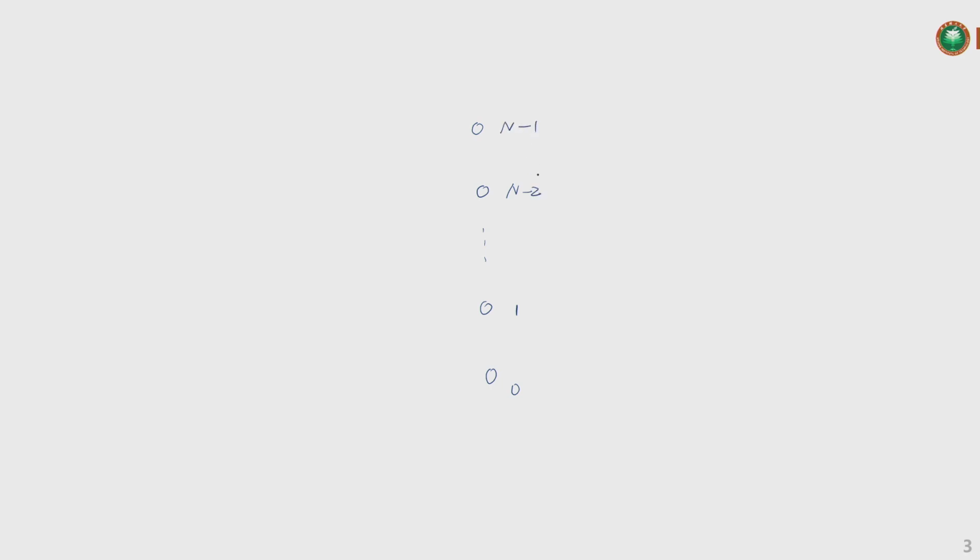So we have N elements, and each of them is related to an amplifier or attenuation element.